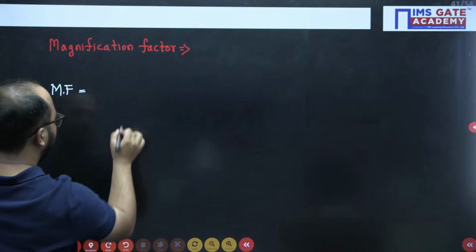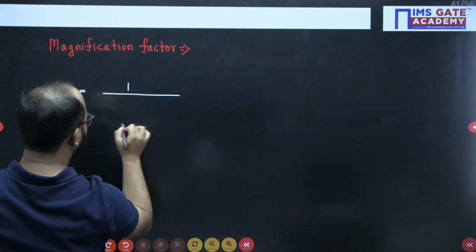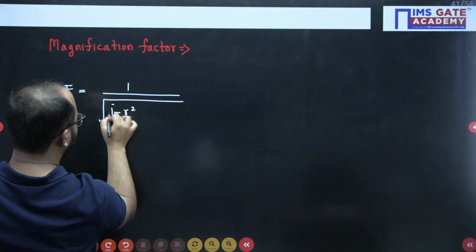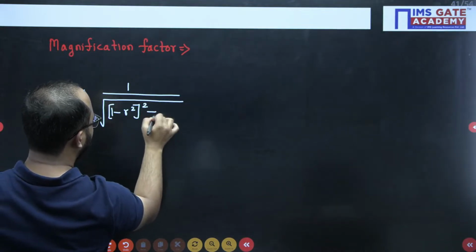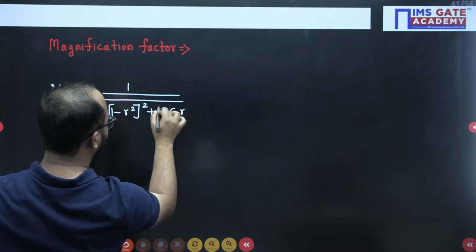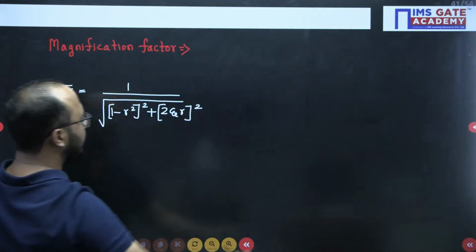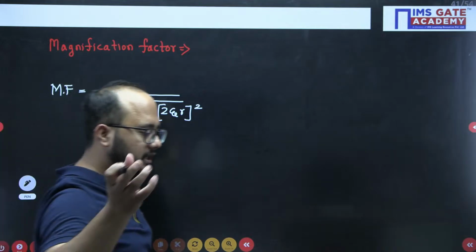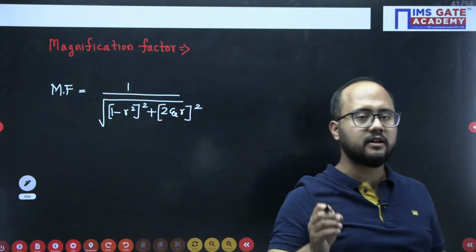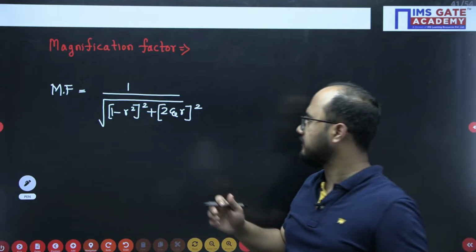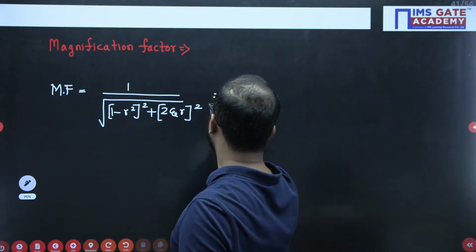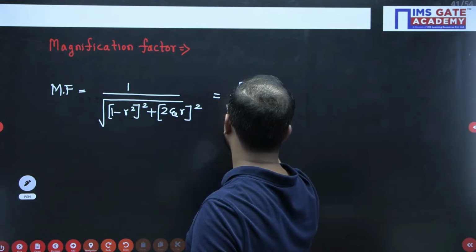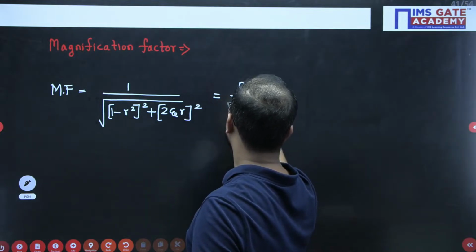See, the formula I will tell you here: it is 1 by under root of (1 minus R square) whole square plus (2 damping factor into R) whole square. This is the magnification factor we are having. It is the ratio of amplitude of steady state vibration divided by static deflection. This equals amplitude of steady state vibration divided by F naught by K, the static deflection, like this.